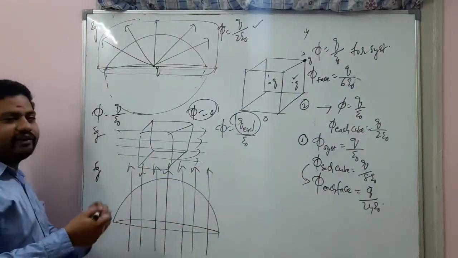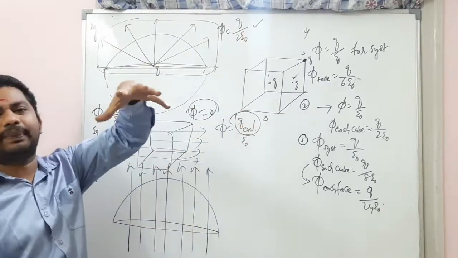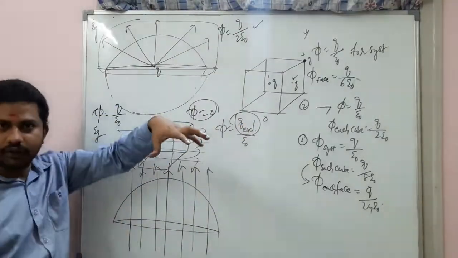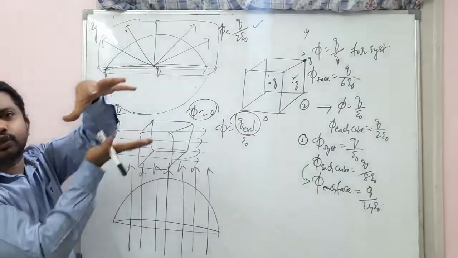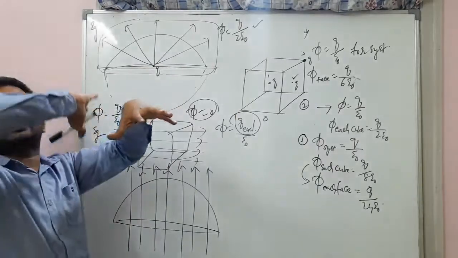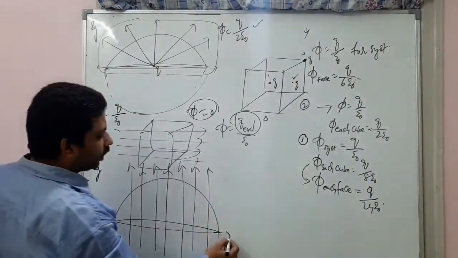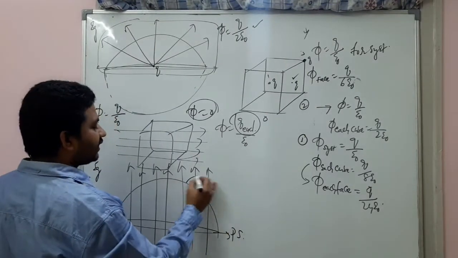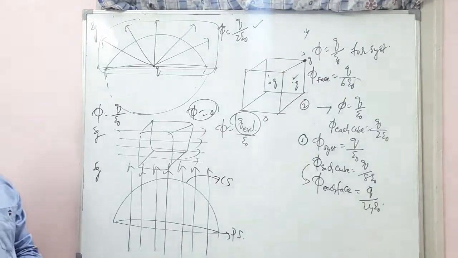Imagine you have a watermelon and cut it into two halves. I am talking about the upper half. Exactly the bottom part is a plane surface. Through the plane surface the electric field lines will be passing, and from the curved surface also electric field lines are passing. So this is the plane surface and this is the curved surface.